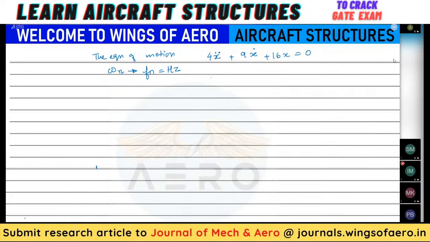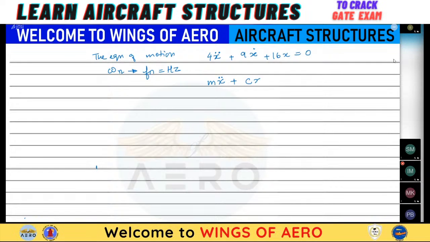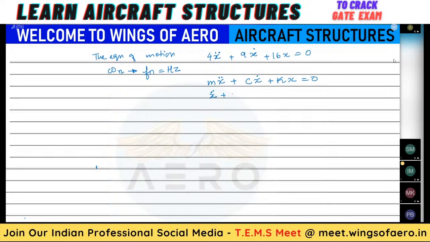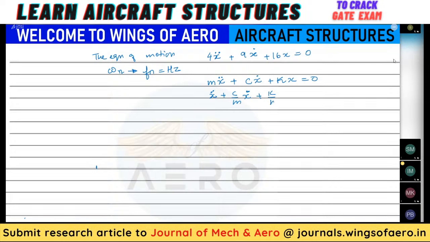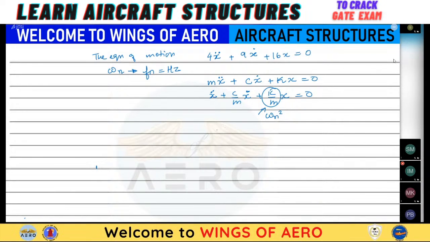Very simple. This is the basic equation, comparing m x double dot plus c x single dot plus k x equal to 0, right? So x double dot plus c by m x dot plus k by m x equal to 0, and this value k by m is our omega n square, isn't it?